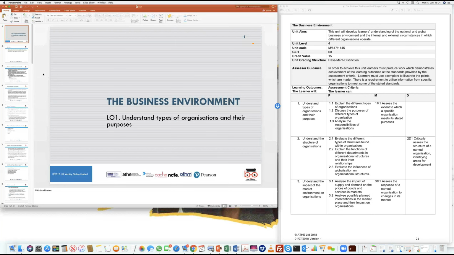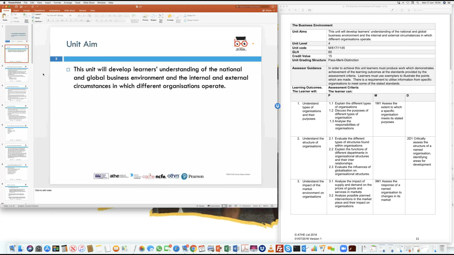So let's look at going through some slides. The main reason why you want to study this unit is because all of us work within an organization, and at some stage we want to be able to contribute to the business and to the organization where we work.